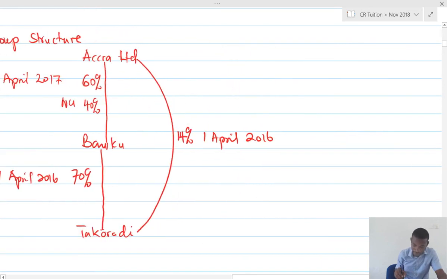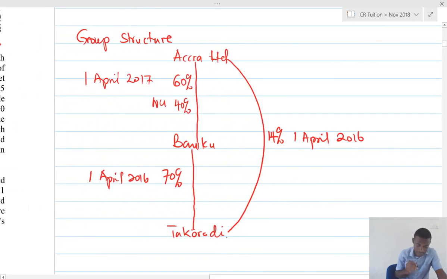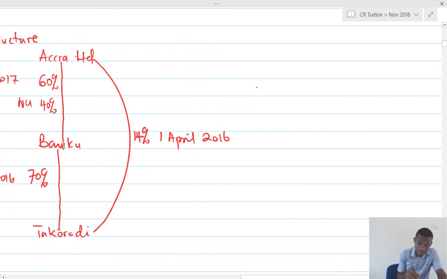So let's see. Takrady is a subsidiary of Accra Limited because Boko initially had 70% of interest. So let's see how we determine the effective interest.